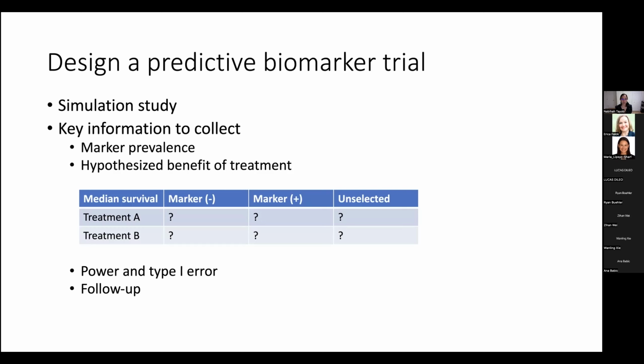That's important to understand. You want a hypothesized benefit of treatment. So this is a table where you fill in these values. You want to know median survival in the marker negative, marker positive, and unselected groups for treatment A and treatment B. These are all related to each other. So you want to hypothesize how this marker-treatment interaction is going to behave. And then we specify our power, type 1 error, and follow-up.